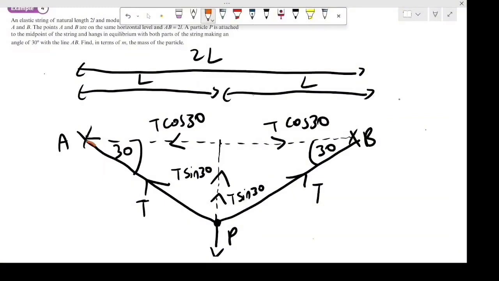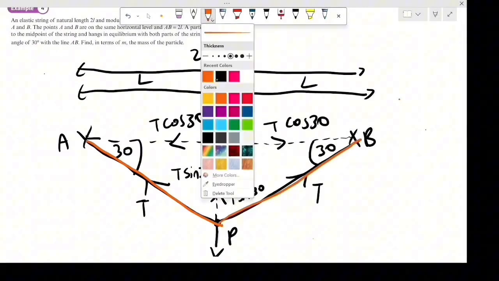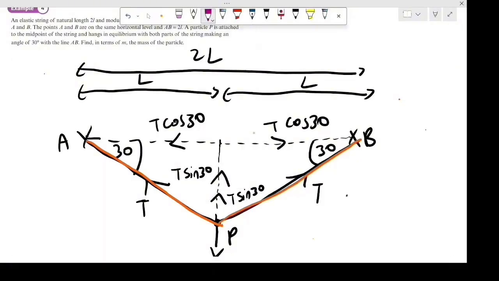So I've got half the string from A to P, and then the string from P to B, and these two make up the whole string. Okay. So what I can do, like with the last example, is just consider one part, right? So let's consider just the part from A to P. Okay.